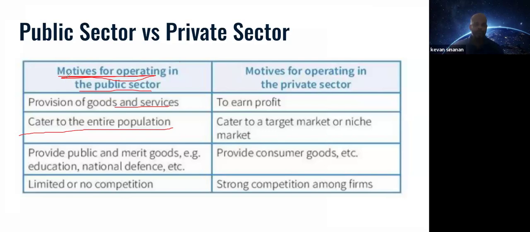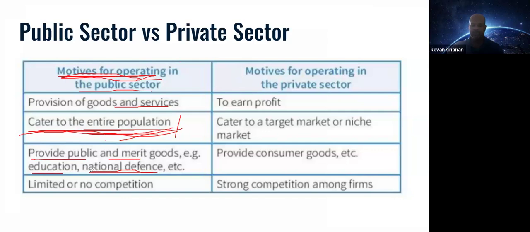So, motives of operating a public sector. It serves the entire population. There's no niche market. There's no targeting. It's 100% of the entire population that will need access to that. It provides public and merit goods such as education and national defense, the army.